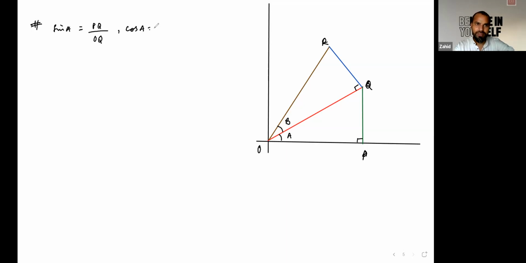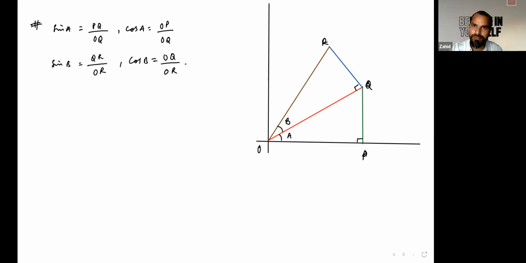Similarly, cos of A would be base OP over hypotenuse OQ. Similarly, for sine of B, which has perpendicular QR over hypotenuse OR, and cos of B is equals to base, that means OQ over OR. Is it fine? Yes, sir.